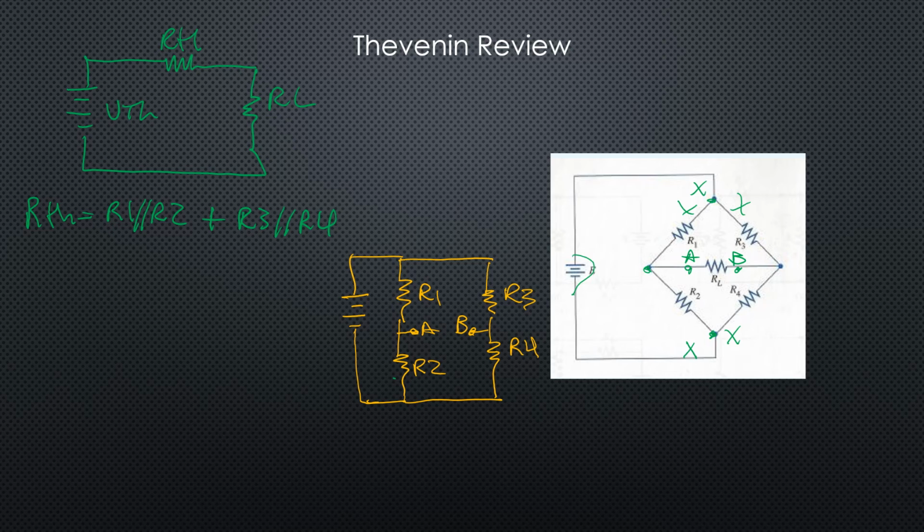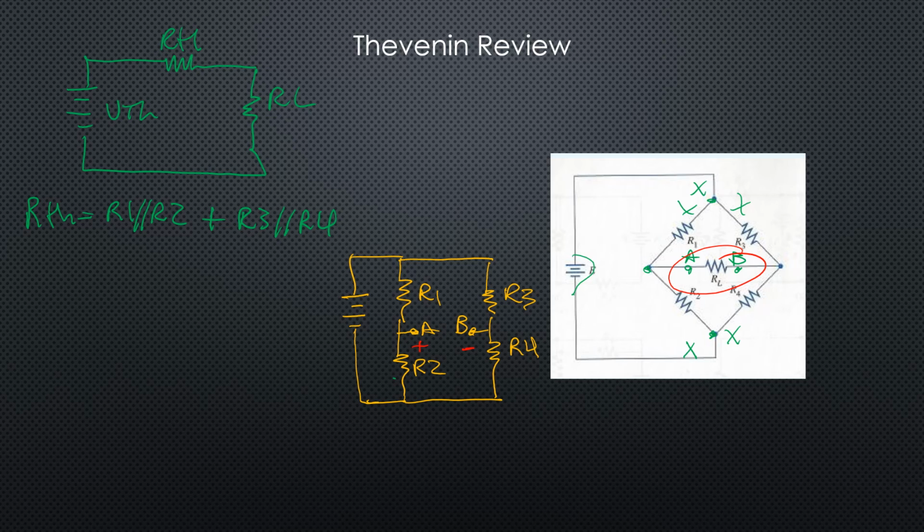That's our Thevenin voltage. Now the other thing you want to do is make sure you keep track of the polarities, because if this side was more positive than this side, or the other way around, that's what your final polarity is going to be on the schematic. Left to right, right to left, whatever it is, just keep track of it.